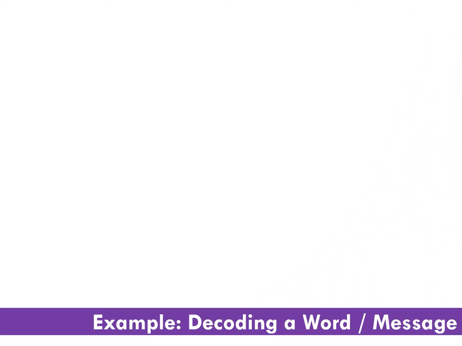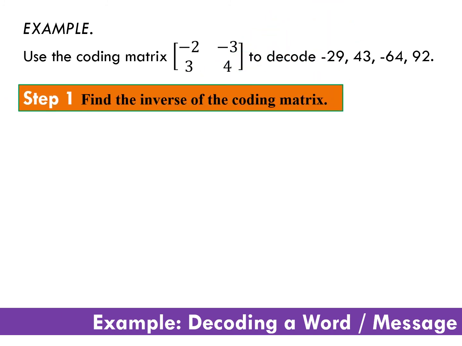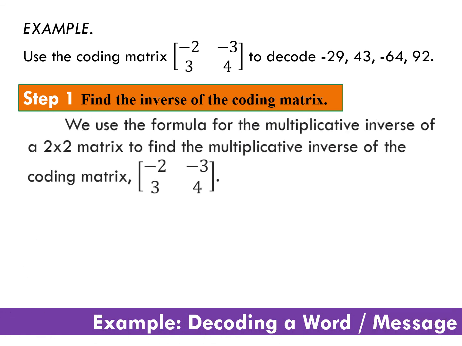Let us have this example in decoding a word or message. Use the coding matrix with elements -2, 3, -3, 4 to decode -29, 43, -64, and 92. Step 1. Find the inverse of the coding matrix.